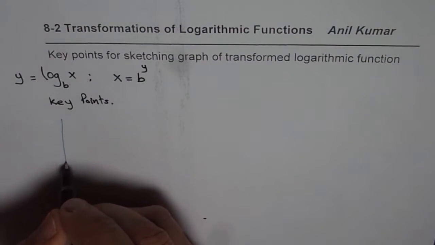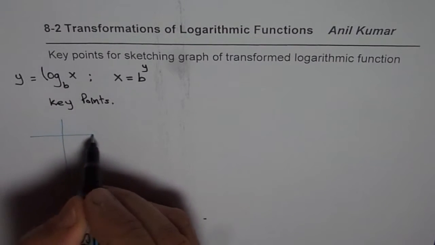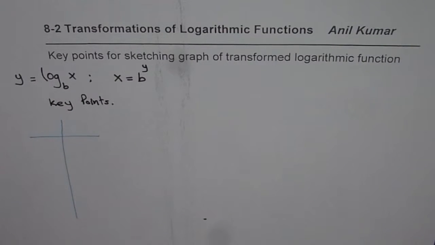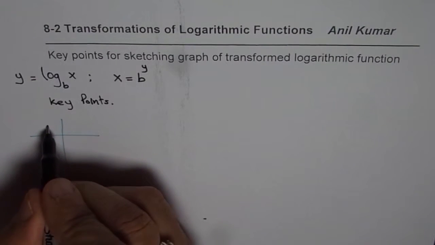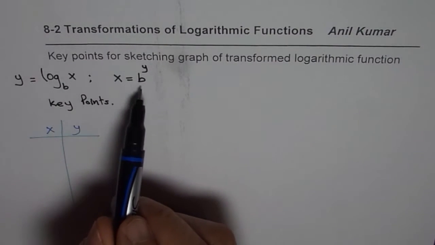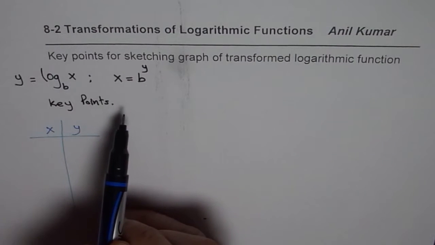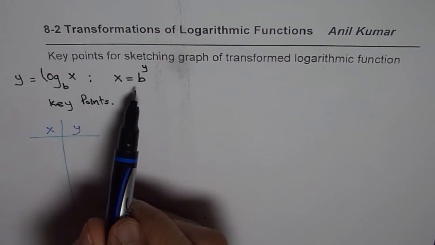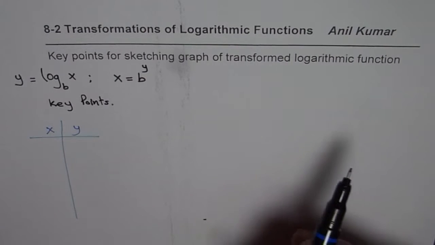Now when we say key points, then we are actually interested in x and y values, correct? So what x values and y values should we have so that we have coordinate points which can be plotted and we get a good graph? Now let us consider a general function first, and then we will get an idea of how to do it for any function.